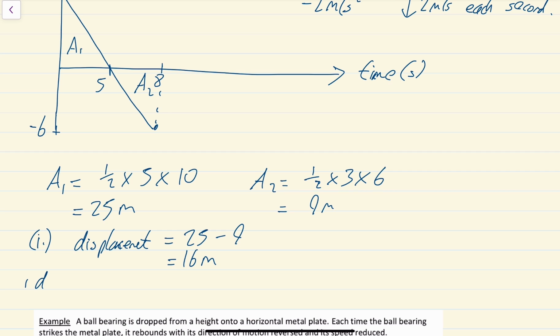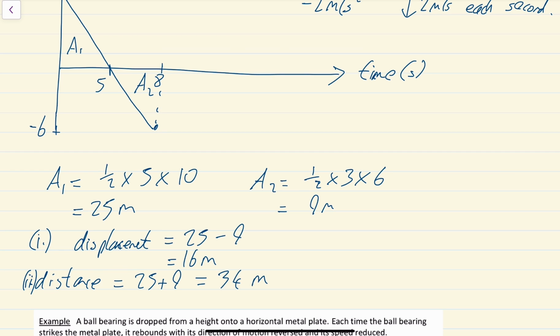But your distance traveled, your overall distance, is going to be 25 plus 9, which is going to be 34 meters. So you can see here the difference.